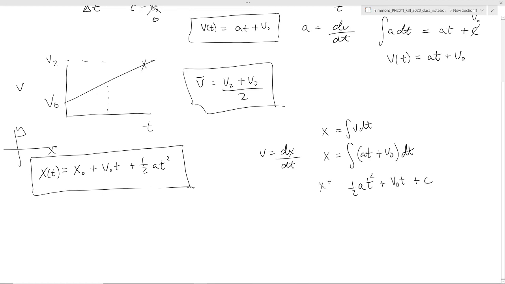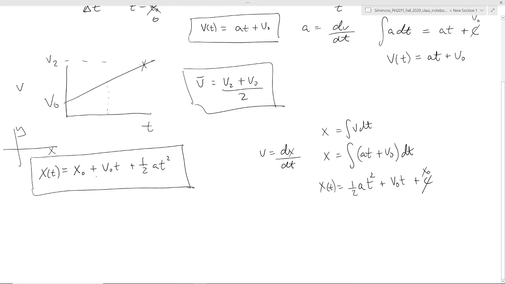And notice that in this case, what's the constant? Well, this would be the initial position. So notice, just with a simple integration, you can get this expression immediately.